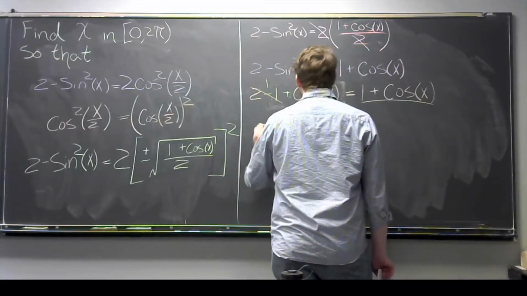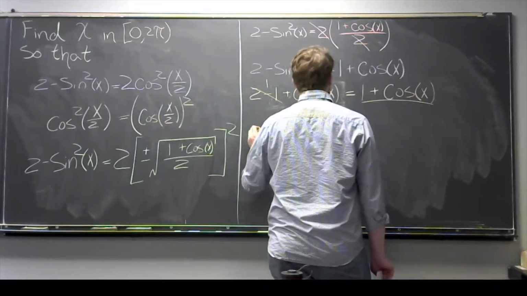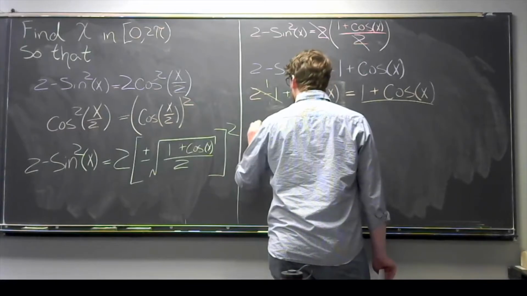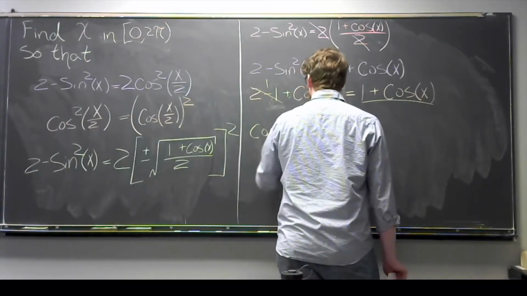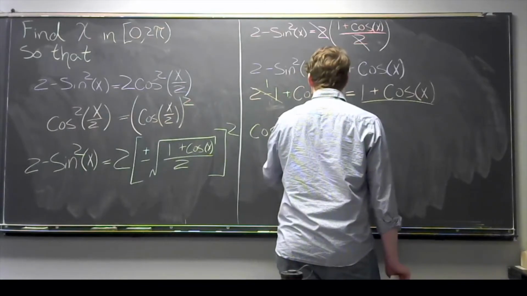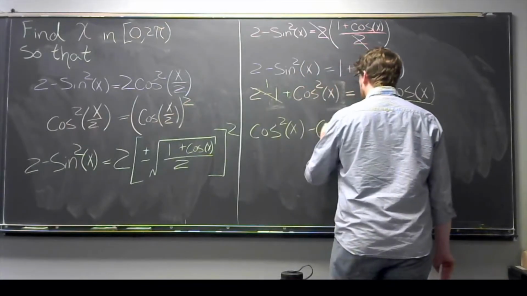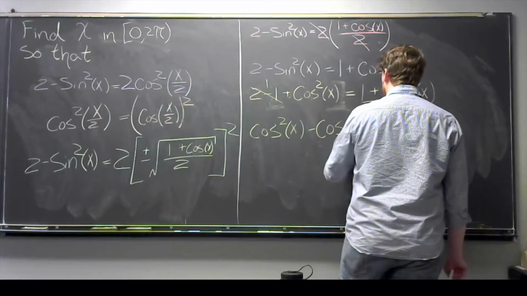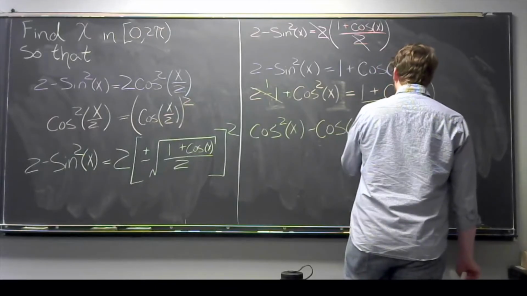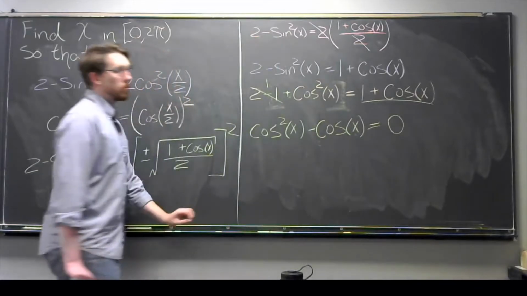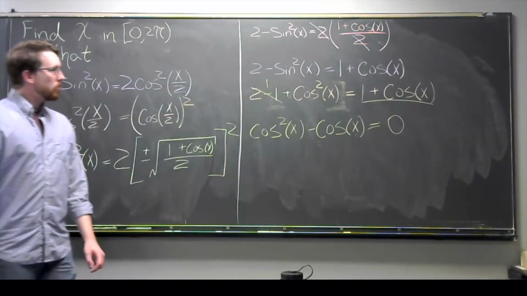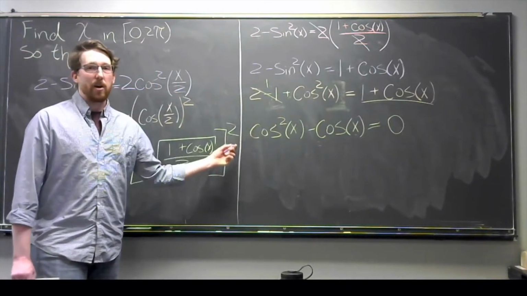When we do that, we're going to have cosine squared of x minus cosine of x is equal to 0. Now we can factor out a cosine.